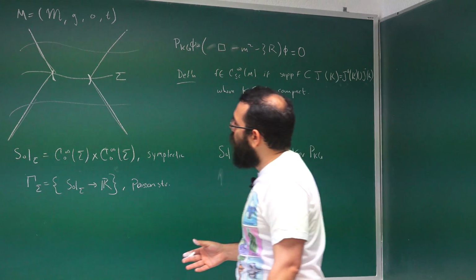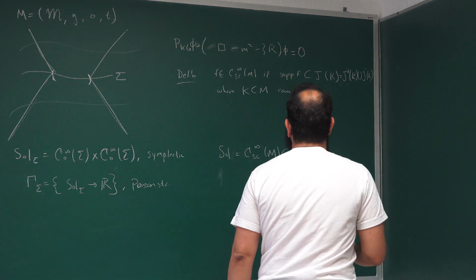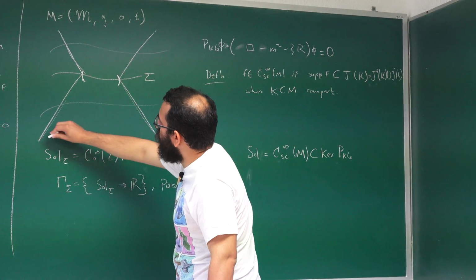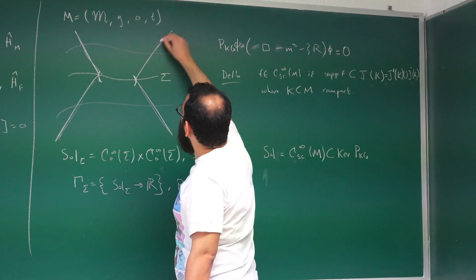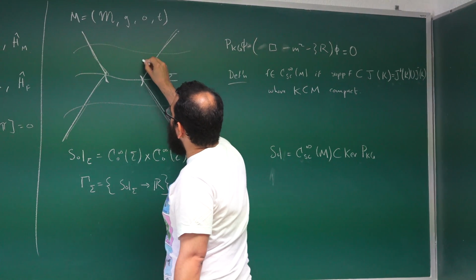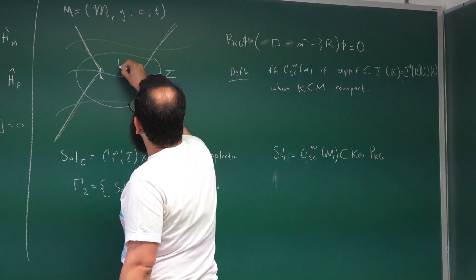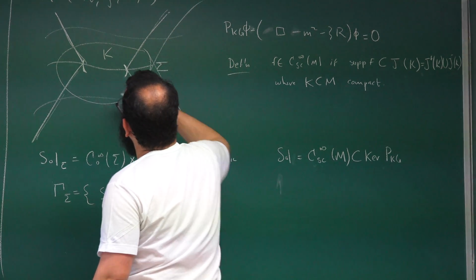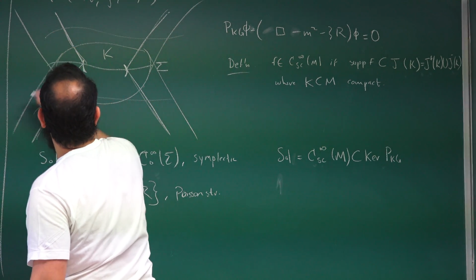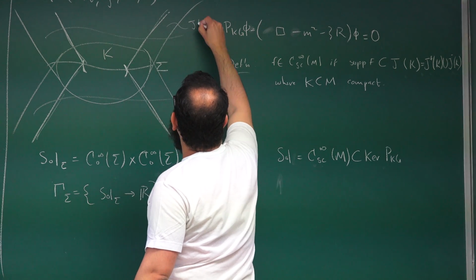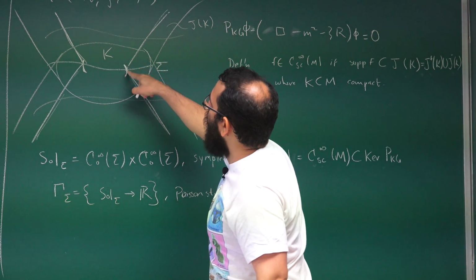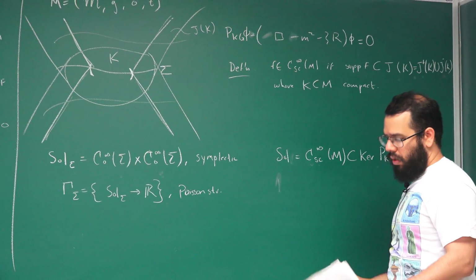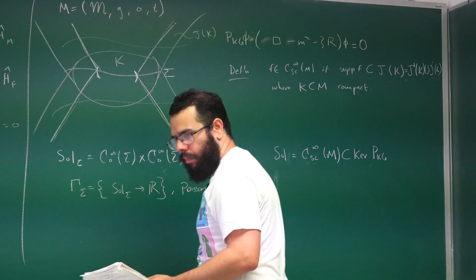So how does this tie in with our intuition? Let's look at a function that has support here, for example. If I draw some K here, then of course that's J of K, and this lies inside of that bigger region of spacetime. So that's the idea.